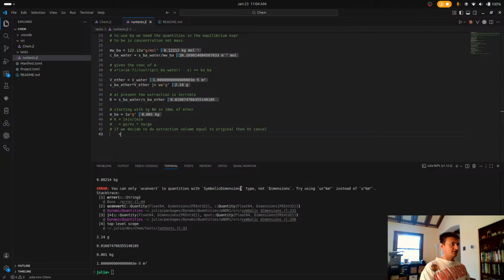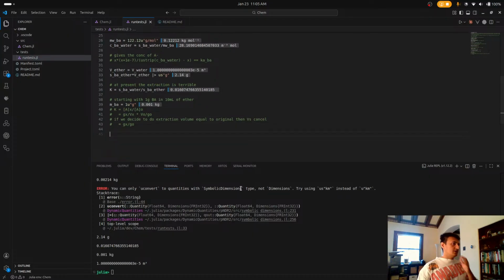So we're going to get GX over GO, which is going to be whatever this tiny number is, K, 0.016.